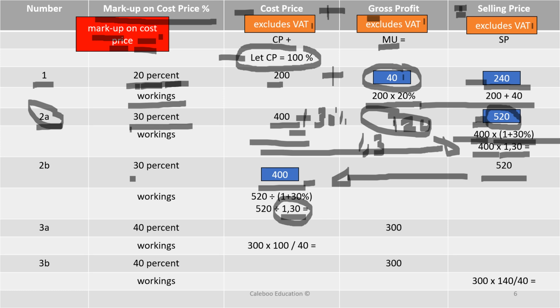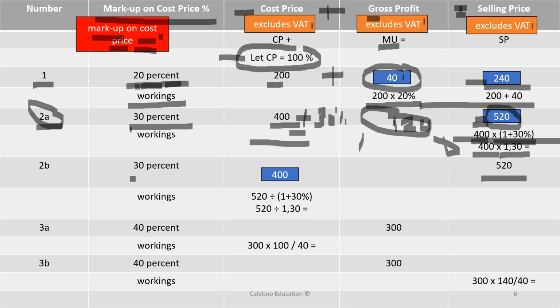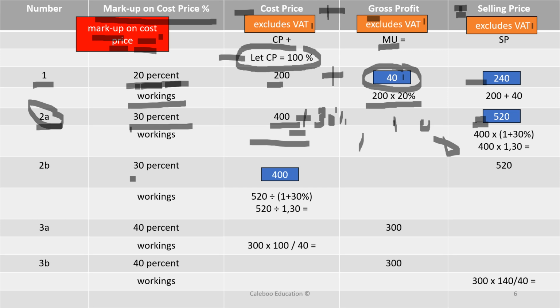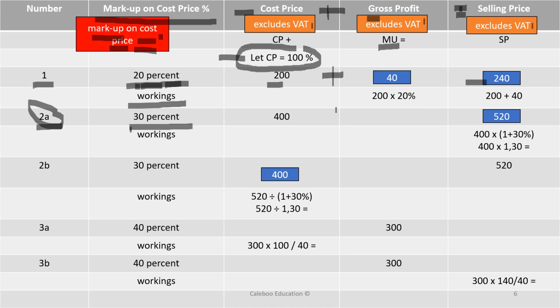Let me just clean this up a bit. So if I want to work out for number 2b, what is the gross profit? All I need to do is say 520 minus 400, and that will give me 120.